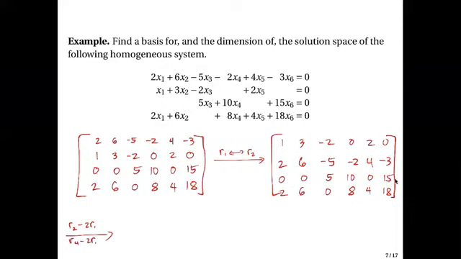And then if you see row 3 here, you have 5, 10, 15, and the other entries are 0. So all the entries in row 3 are divisible by 5. So let's divide row 3 by 5. And take note that it is independent of these two operations here, so we can do that. So row 3 divided by 5.